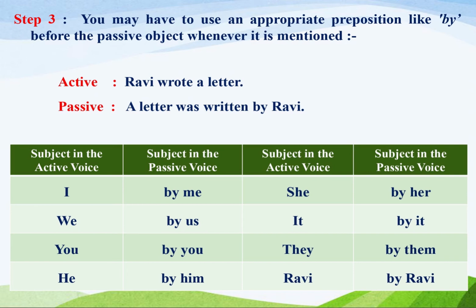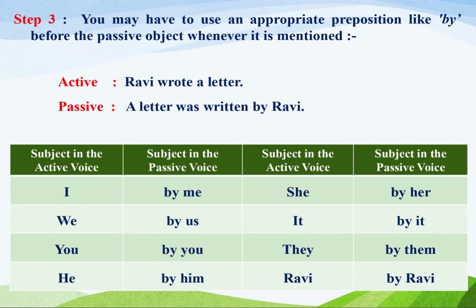See, we have brought a letter, the object, at the front, the beginning of the sentence, and Ravi has gone at the back of the sentence and has converted into by Ravi. The wrote gets converted into was written as per the rules.